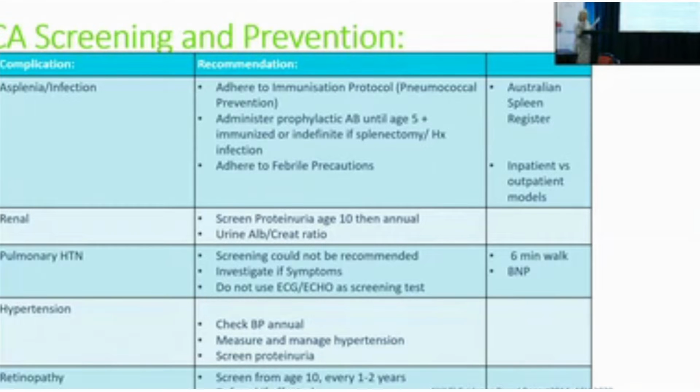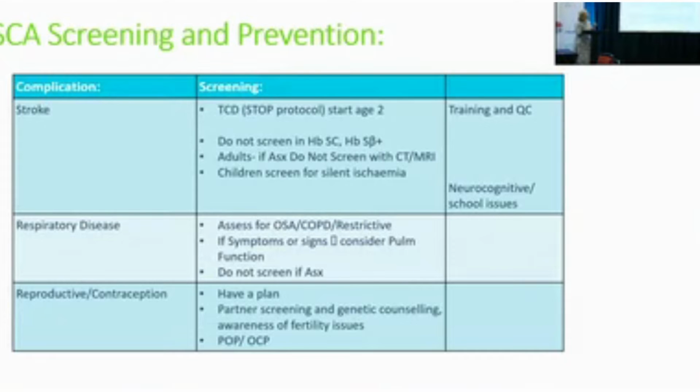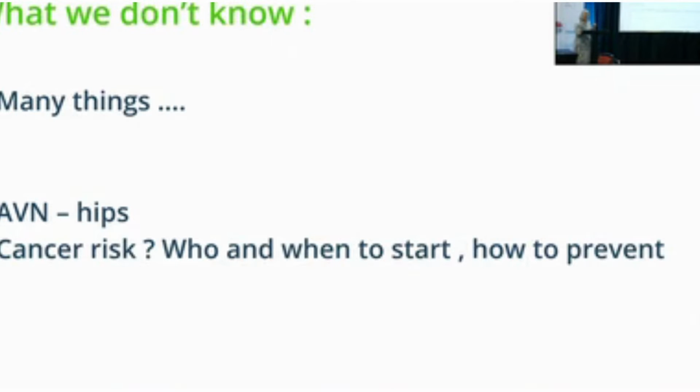I didn't talk much about eye disease, mainly because there hasn't been much change to the recommendations in the last few years. Stroke, so I think that's pretty evident in terms of making sure we've got good quality screening for stroke is essential, and then thinking about reproduction and contraception.